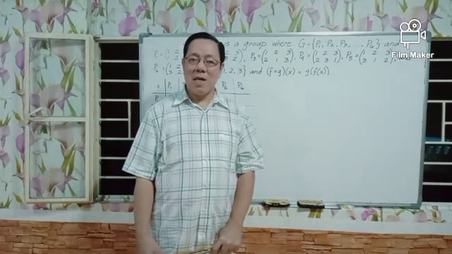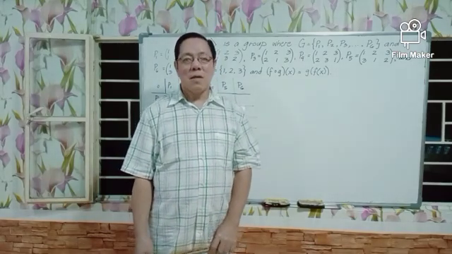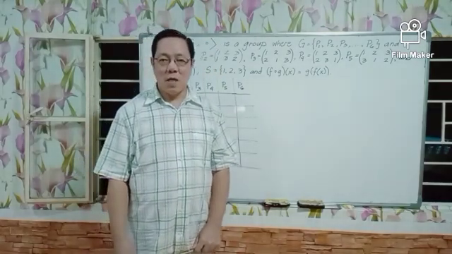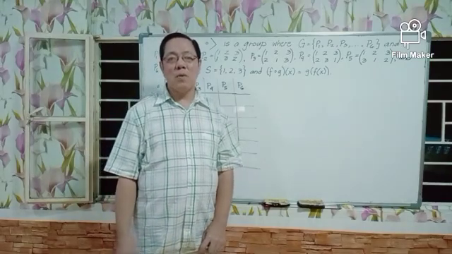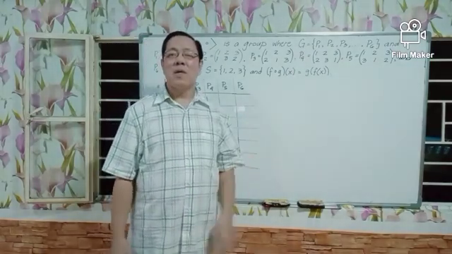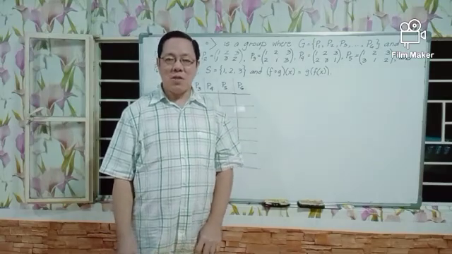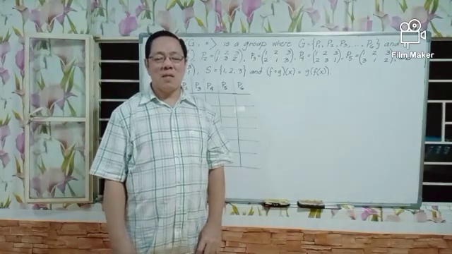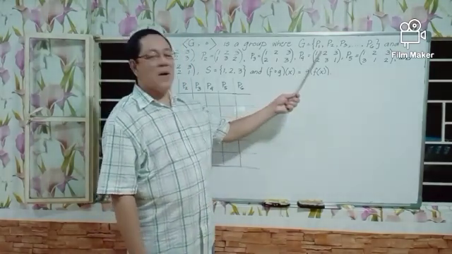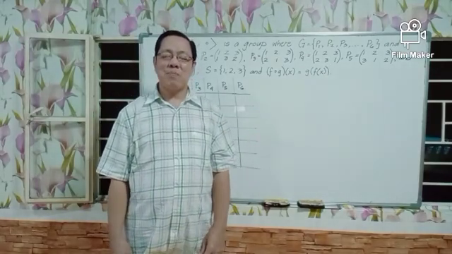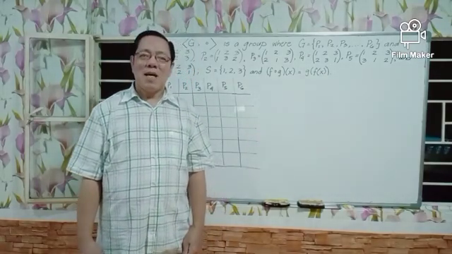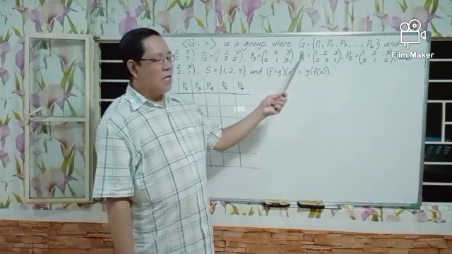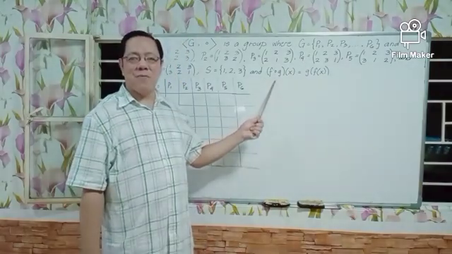We will construct a table to show that a non-empty set G together with a binary operation is a group. And for our example, we will use the set G of the permutations of the numbers 1, 2, 3 that give rise to 6 functions denoted by P1, P2, P3, P4, P5, and P6. And the operation defined on set G is the composition of function.